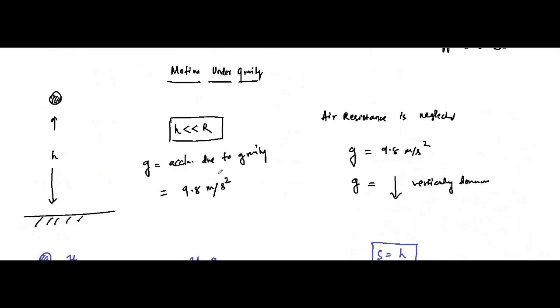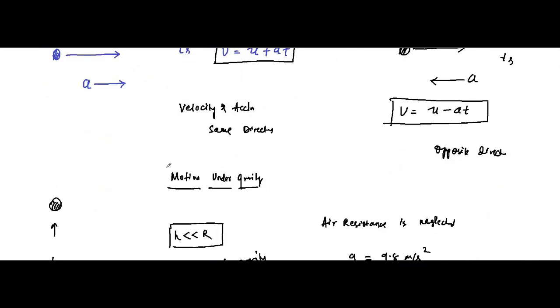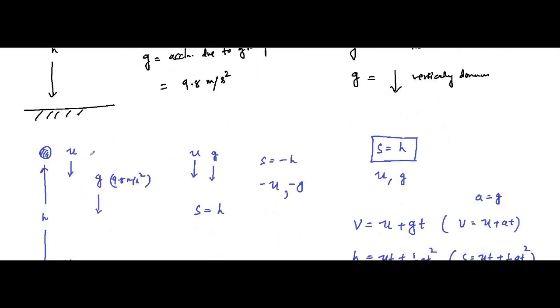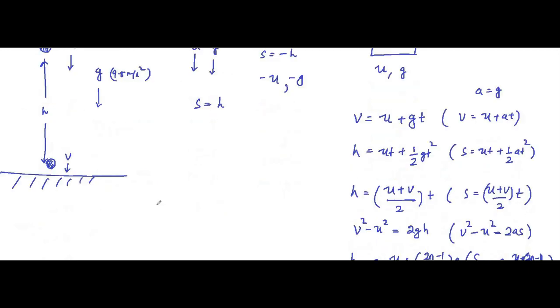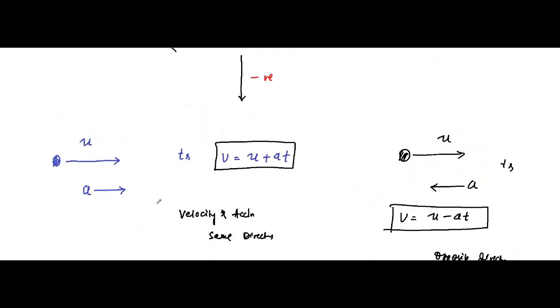This is demonstrated using motion under gravity. This is the upward motion, this is the downward motion. So we'll be solving a lot of numerical problems where these doubts will get clearer as we keep on solving more problems, so don't worry about that.